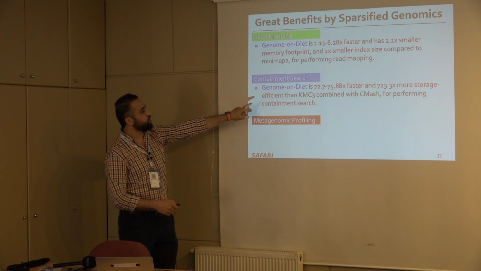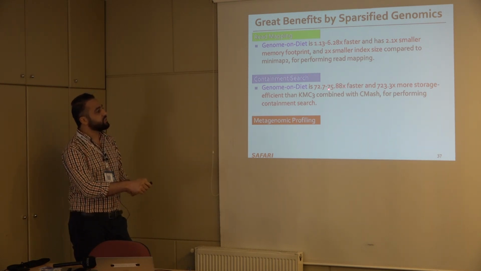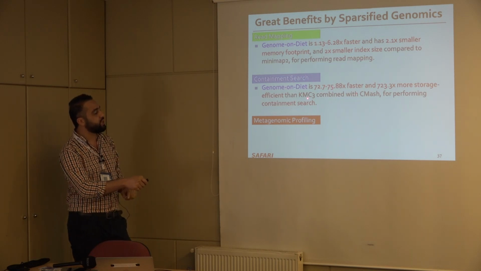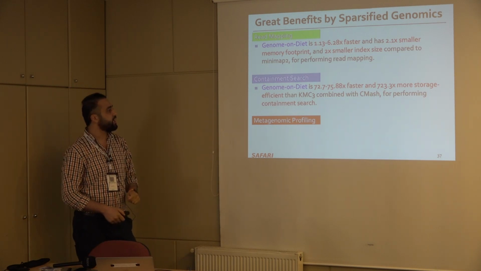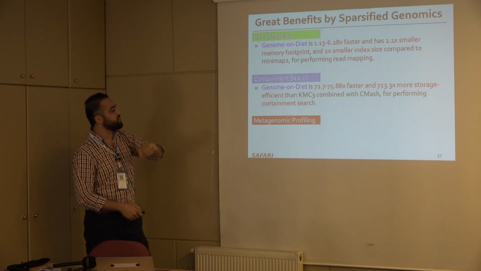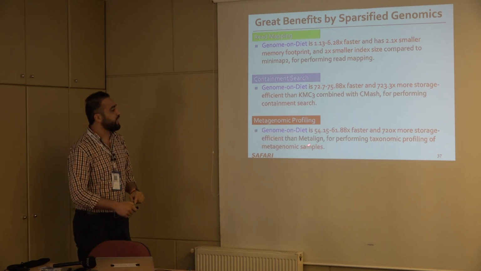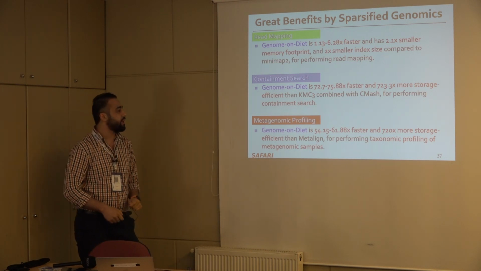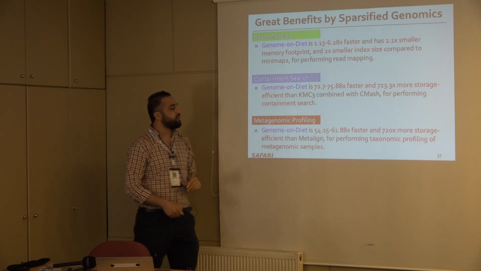In containment search, we got about 72 to 75x faster than KMC3, which is the state-of-the-art k-mer counting library that you can use to do the containment search. And for metagenomic profiling, we compare with MetaLine, which is state-of-the-art read mapping-based metagenomic taxonomic profiling. And you can see a huge benefit for that.